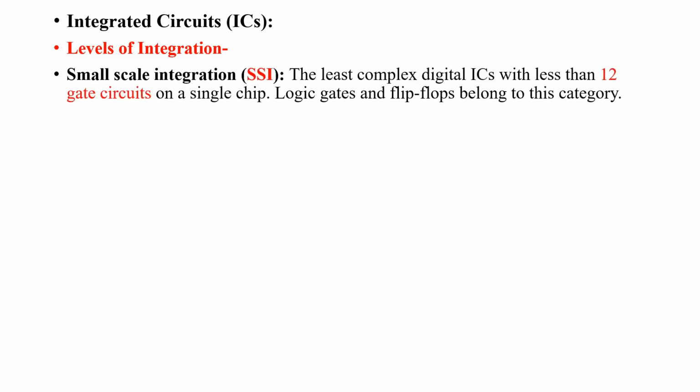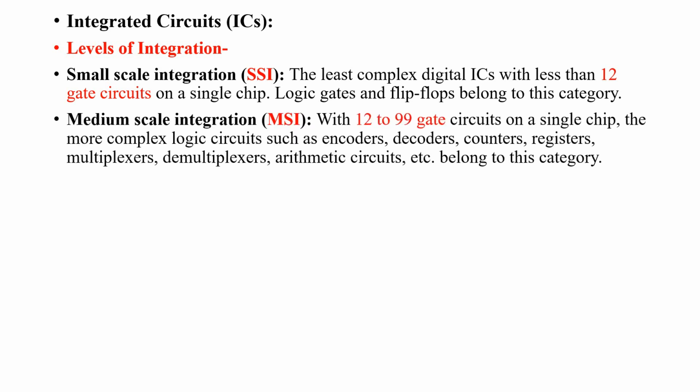There are different levels of integration available depending on the number of gates per IC. We can classify them as small scale integration, that is SSI, which may consist of 10 to 12 gates. Then medium scale integration, MSI, which consists of 12 to 99 gates on a single chip. Decoders, counters, registers and multiplexers are examples of this MSI type of circuit.